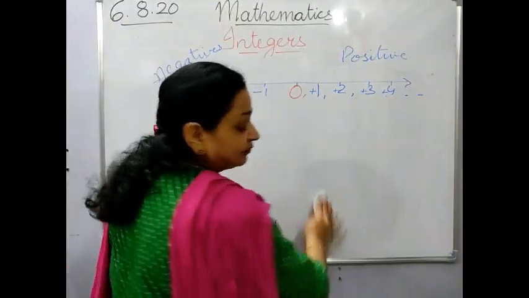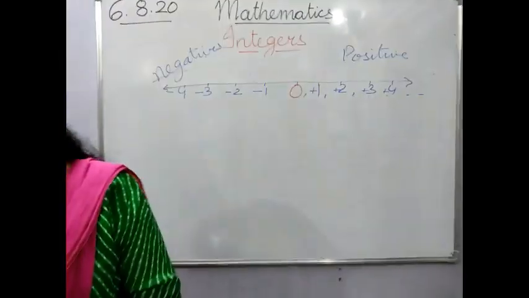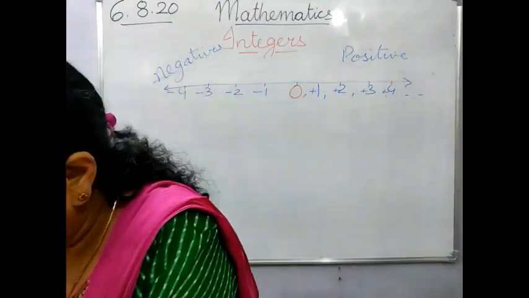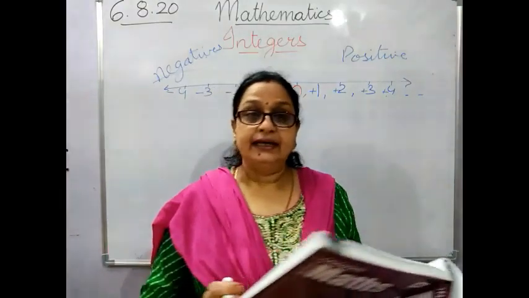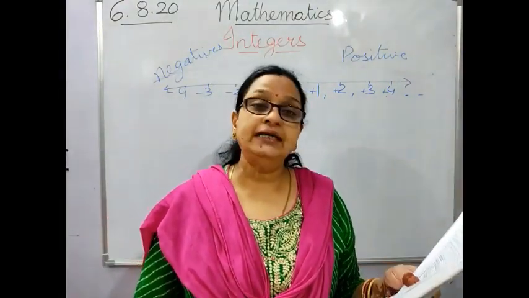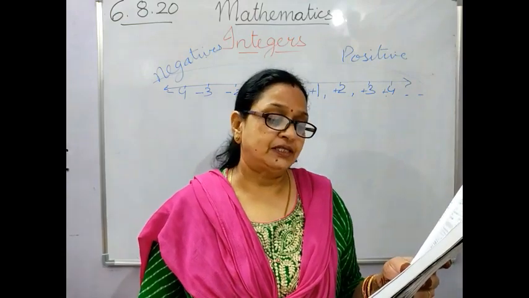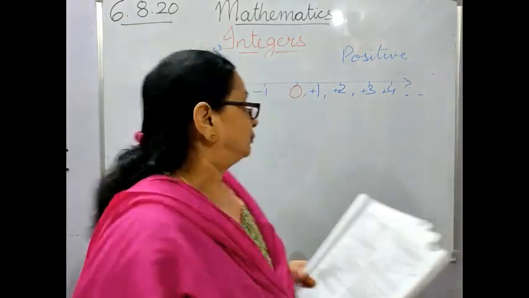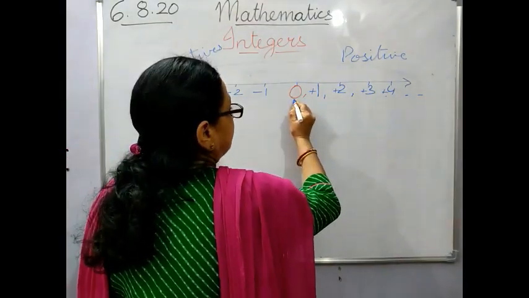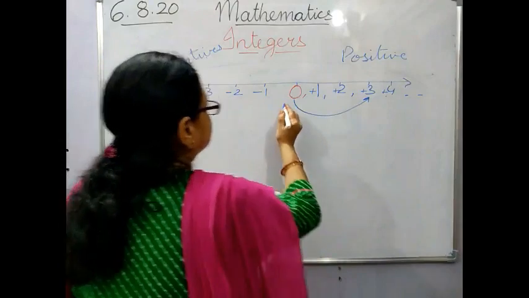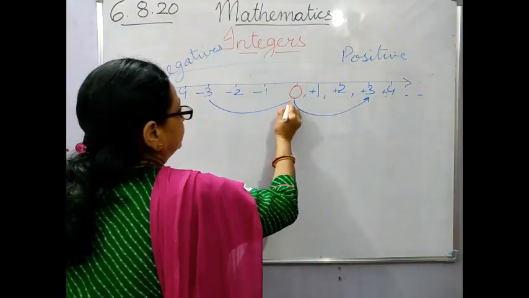Then the next topic which you have discussed is the absolute value. Absolute value of an integer means the distance of an integer from 0 on the number line, irrespective of its direction. Suppose you take the absolute value of 3, it is the same distance.